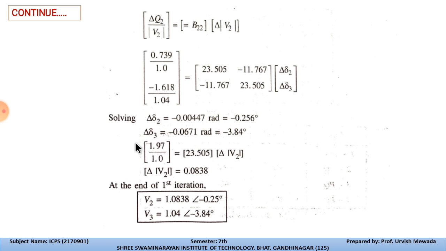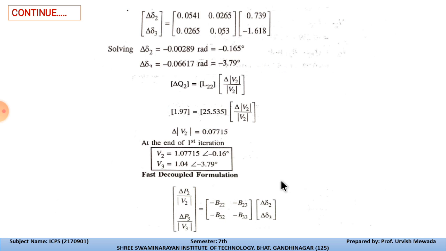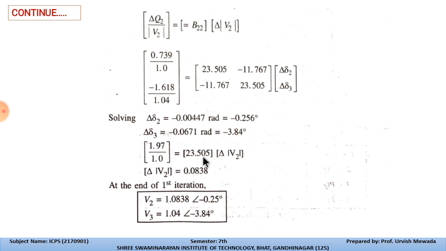degree. And from that delta 2 and delta 3 and all the values that we have placed over here, that is 1.97 divided by 1.0, and the value of B is 23.505, so delta V2 is equal to 0.0838.